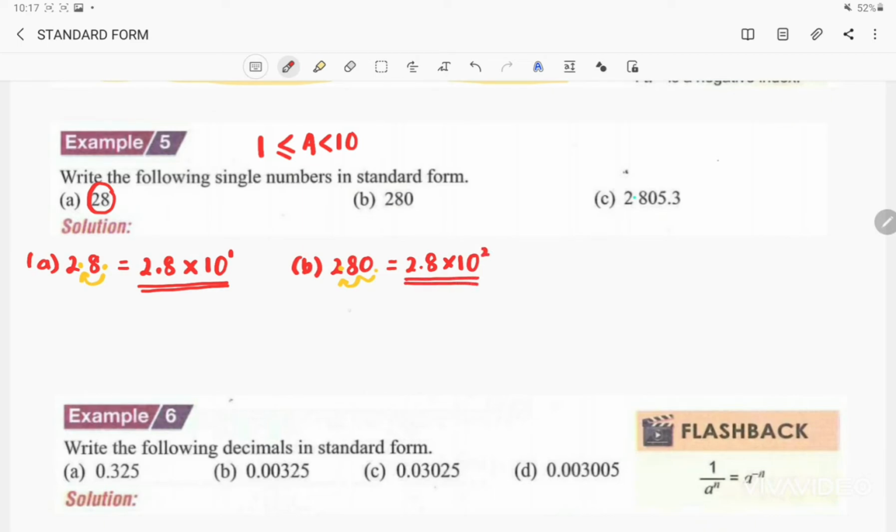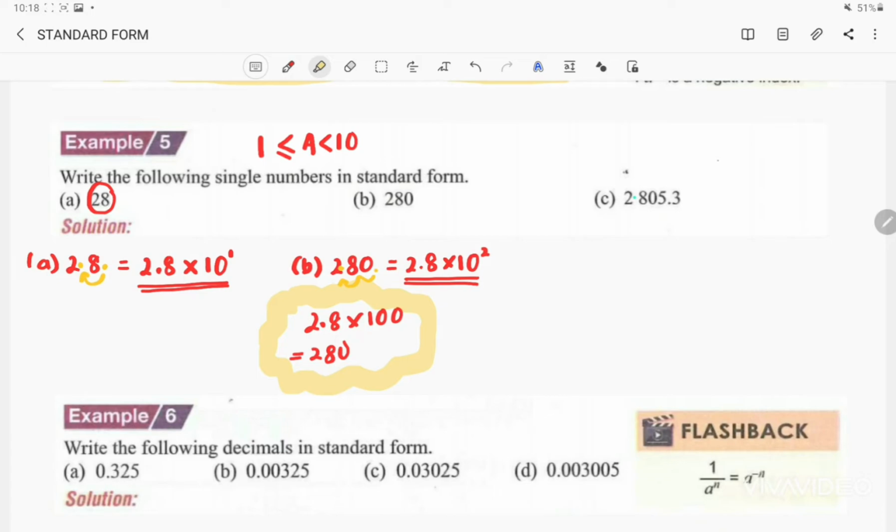It is actually, 2.8 ni akan darabkan dengan 10 power of 2 is 100. Okay, ini just untuk recheck saja. 2.8 times 100, kita akan dapat semula that value.